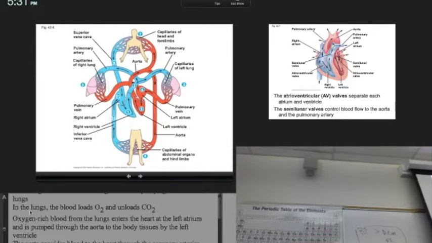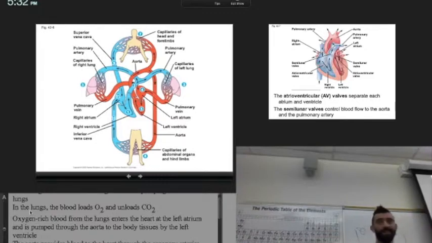This is called the superior vena cava, and this is the inferior vena cava. Superior because it's coming from above, inferior because it's coming from below. Both of those venae cavae are entering back into the right atrium. It pumps into the right ventricle, pumps into the pulmonary arteries again.